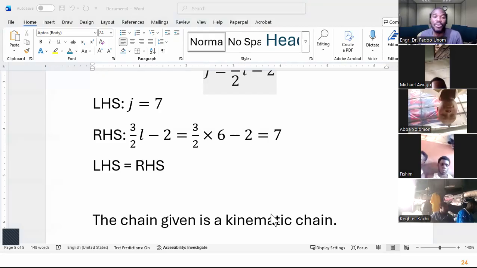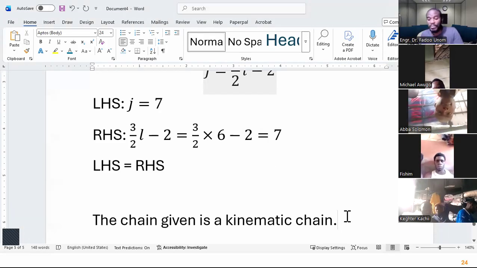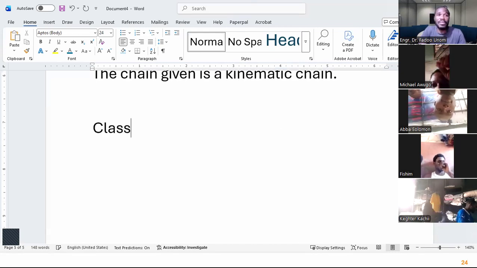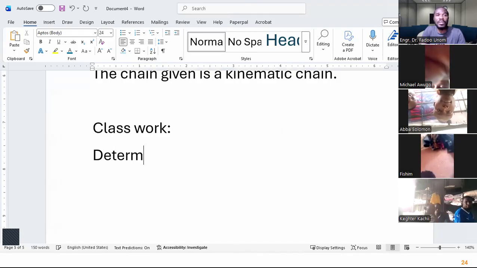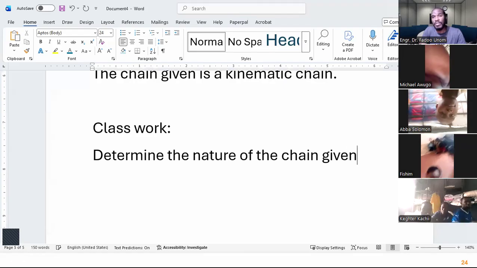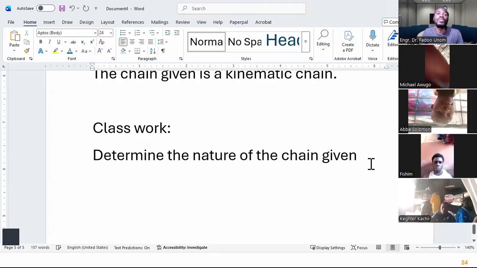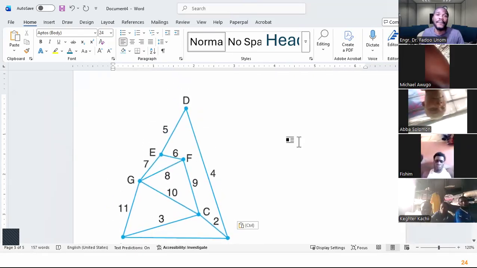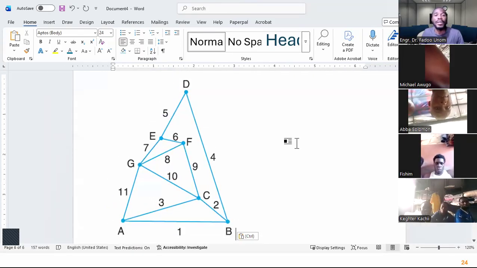Now I'm going to allow you to unmute very quickly, and you will do this one for me. This is a class work, right? Determine the nature of the chain given. That's the chain given, right?